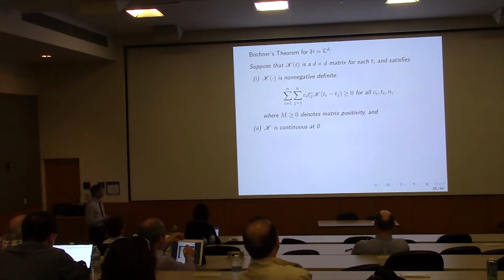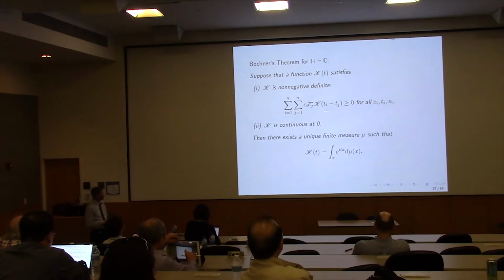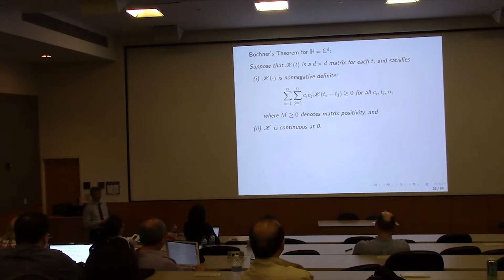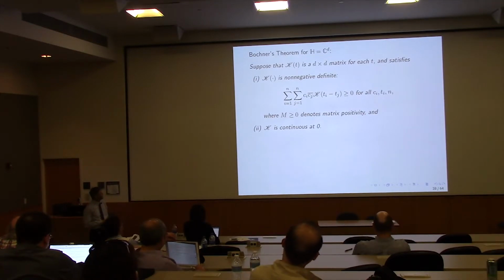Right? Now, suppose H is d-dimensional, C to the d, then things are more complicated. So for example, the non-negativity that we have here as real numbers, now it is non-negativity for matrices.